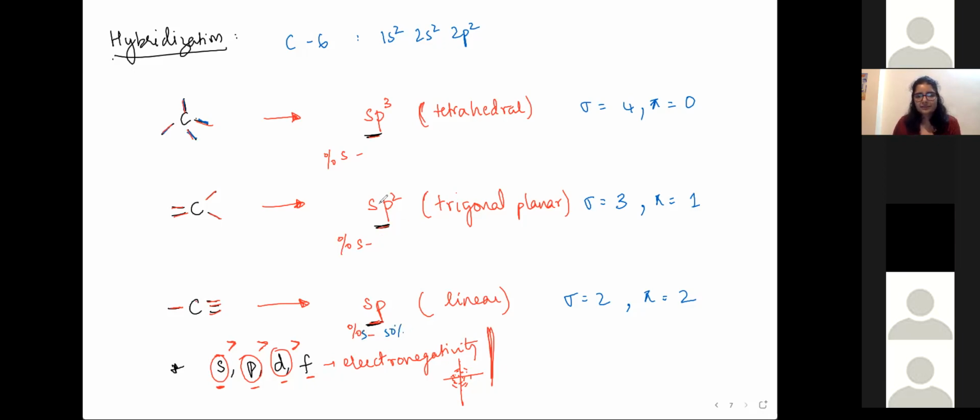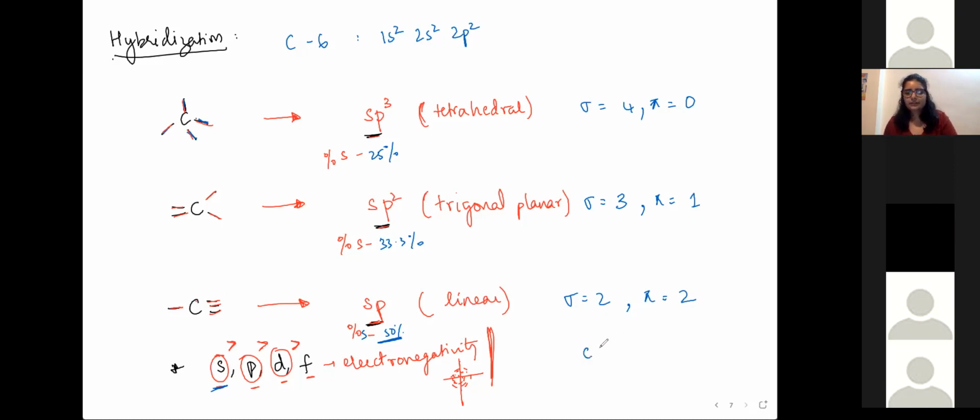This one has 1/3, how much? 33.33%. And this one is 1/4. This has 25% S character. So sp has maximum S character, which shows maximum electronegativity. That's the reason why this shows maximum electronegativity. And that directly relates to other properties of a triple bonded carbon.